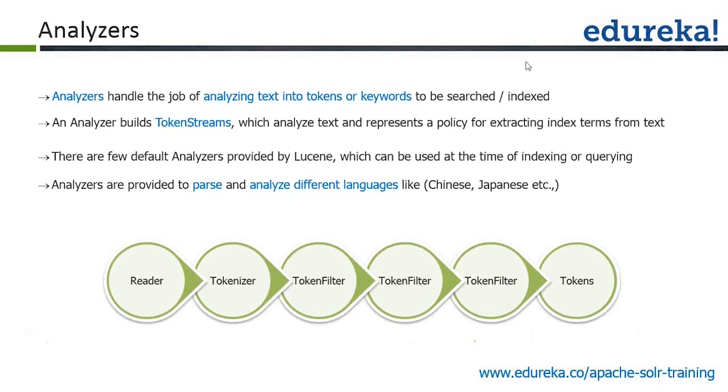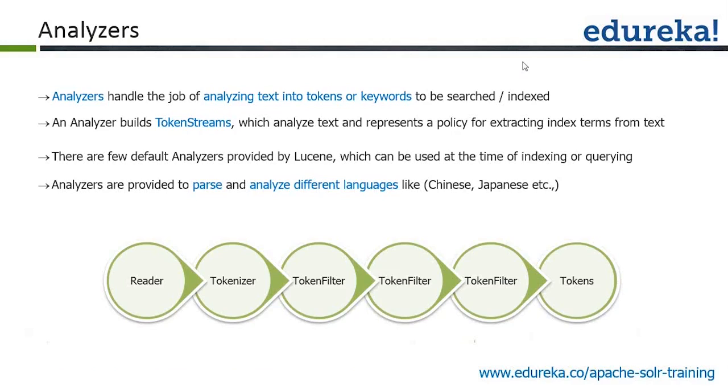Say for example, if we have chosen a lowercase filter, each token would be converted into lowercase. And if along with the lowercase filter we have used a synonym filter, it will expand each token into multiple tokens if we have any synonyms. Those kinds of filters we can use in conjunction with the tokenizer. There can be more than one filter.